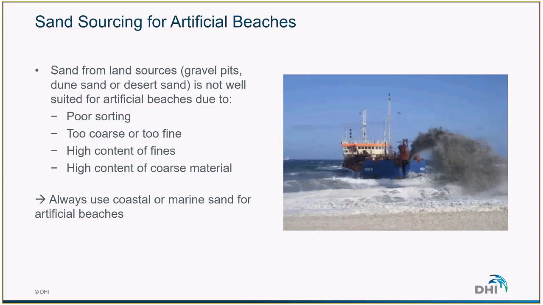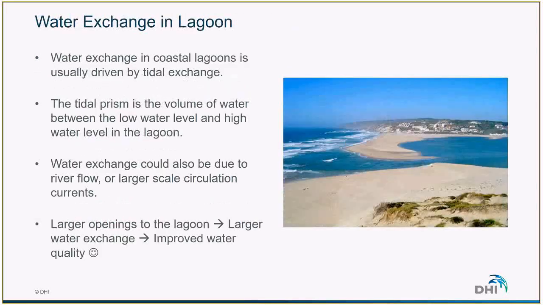If, for instance, we have a lot of fines contained in the sand that is used for an artificial beach, as soon as it's placed in the environment, most of the fines will be washed away by the waves, and therefore the volume of the beach will change dramatically, and the shape of the beach will change dramatically. So that's something that has to be considered when selecting the sand for the artificial beach.